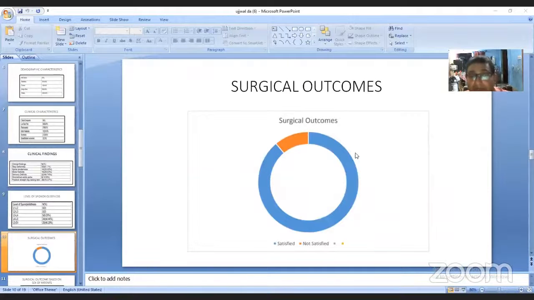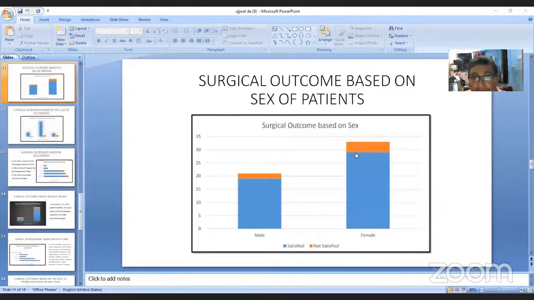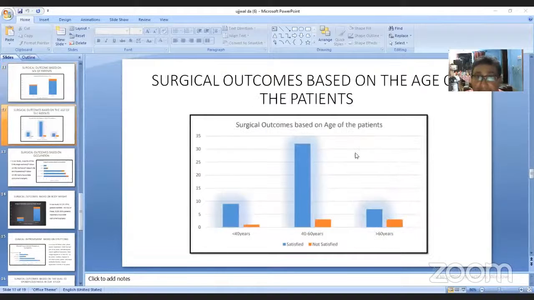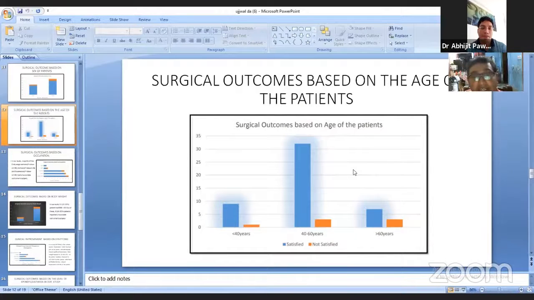In surgical outcome, more or less 88% of patients are satisfied. Females are more satisfied than male patients. Patients between 40 and 60 years of age are more satisfied than those below 40 and above 60 years.